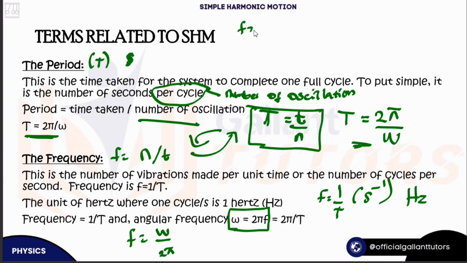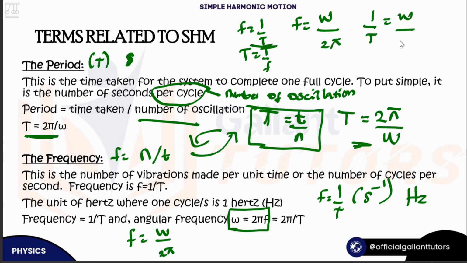Now, we know that f is equal to 1 over T, meaning that T will also be equal to 1 over f, right? Good. So if I bring it here and say f equals angular frequency over 2 pi, with f being frequency equal to 1 over period, I'll say 1 over T is equal to w over 2 pi, right?